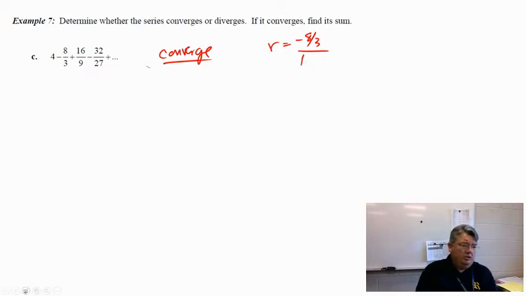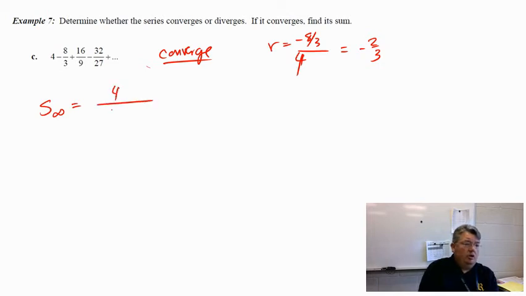No, dummy. The ratio, -8/3 divided by 4. Sorry. Well, -8/3 divided by 4. Isn't that -2/3, I think? -8/3 divided by 4 gives me, yeah, -2/3. There's my ratio.